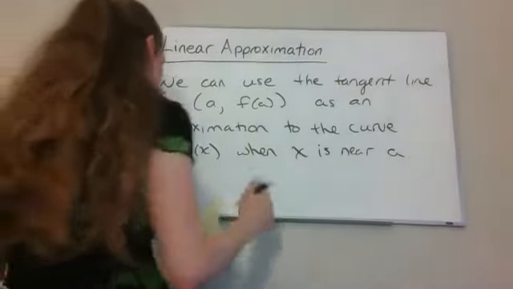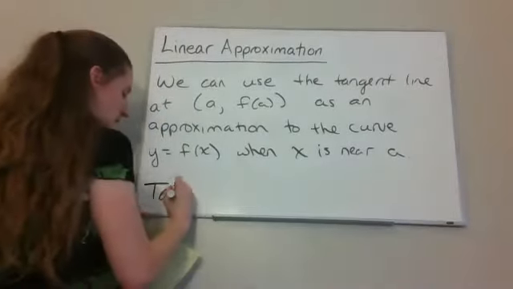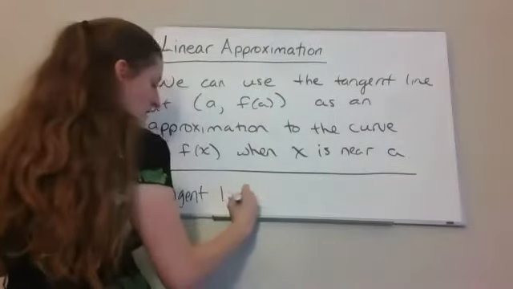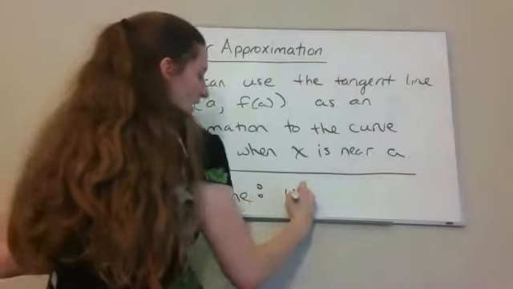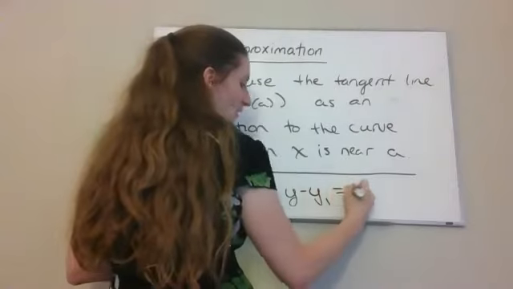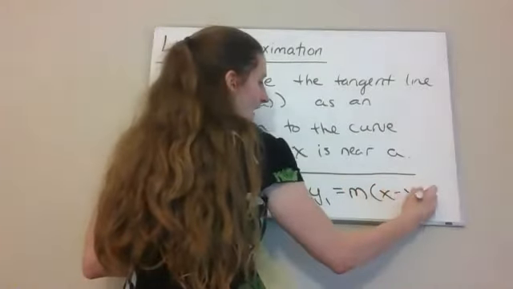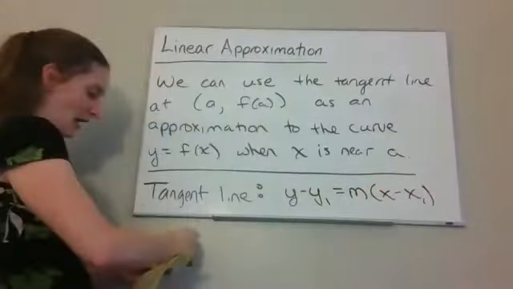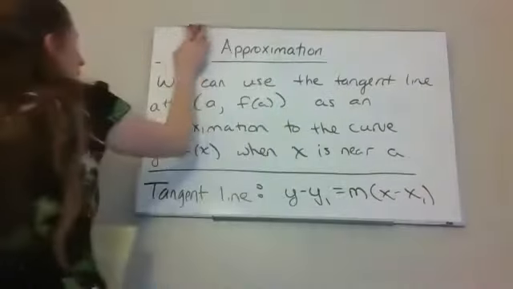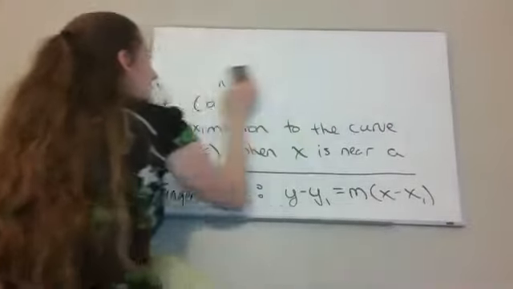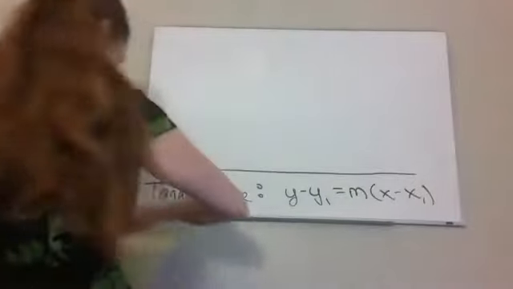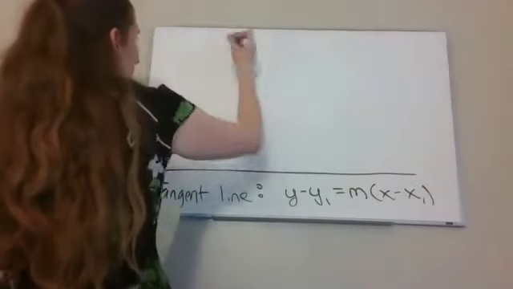So remember, our tangent line, when we wrote it in point slope form, looked like y minus y1 equals m times x minus x1. And then we can just add that y1 to the other side, and rewrite it a little bit.